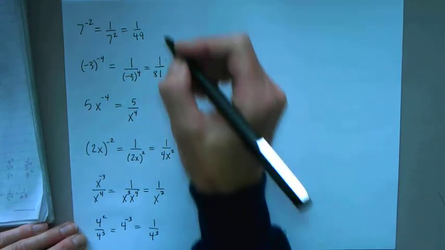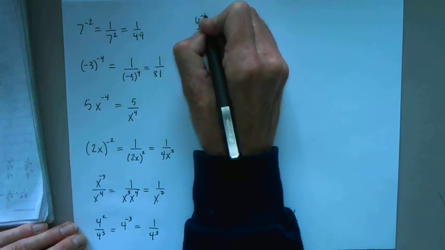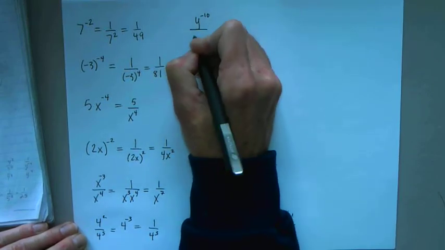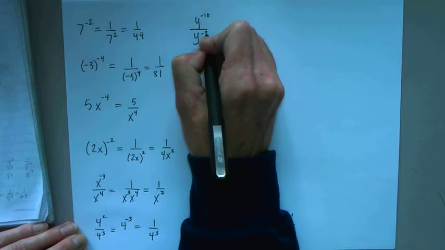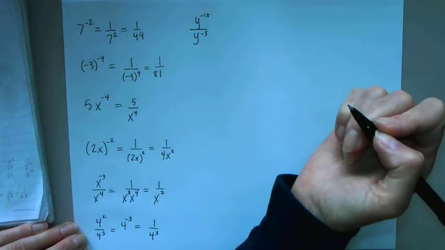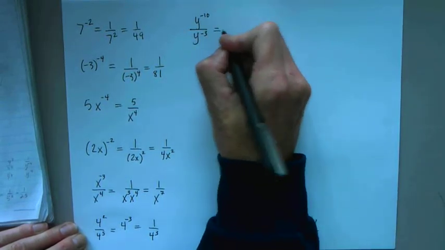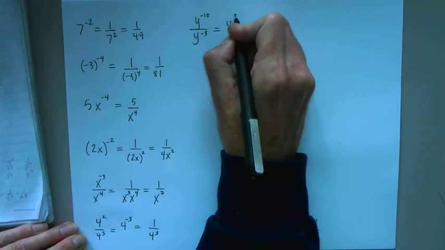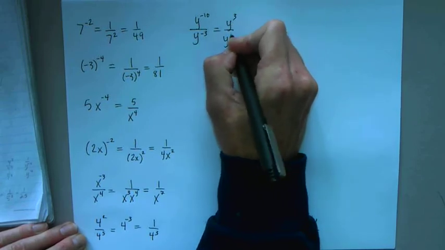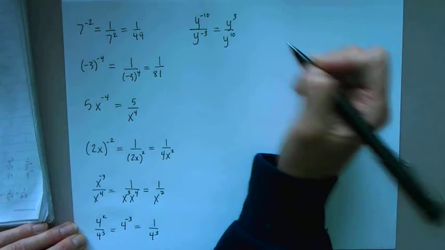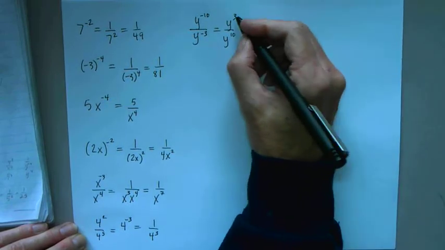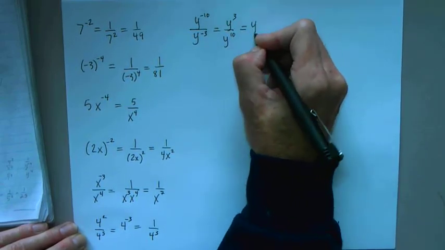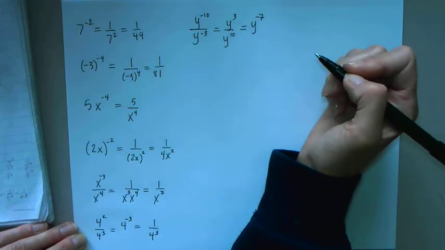And how about this one? Y to the -10 divided by y to the -3. Now, there's two ways to do this. One way is you could begin by making those positive, putting that one on the top, putting that one on the bottom. Then you could subtract. 3 subtract 10 is -7. But then we're back with a negative.